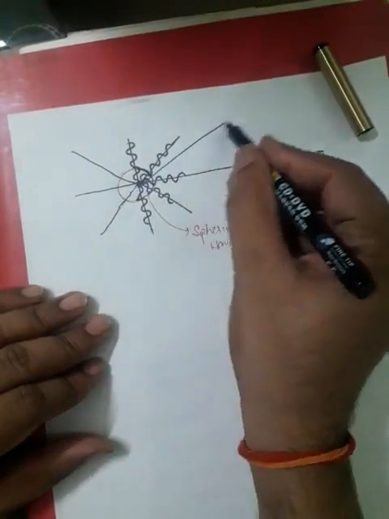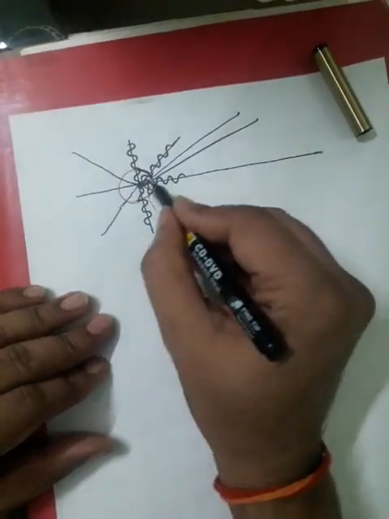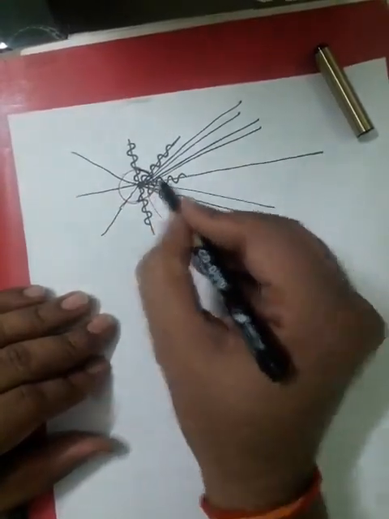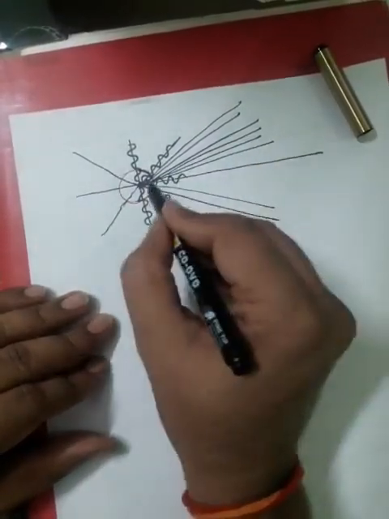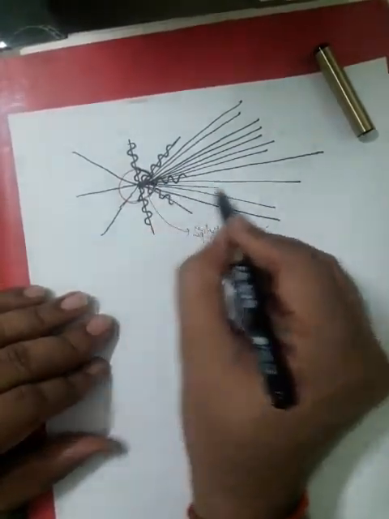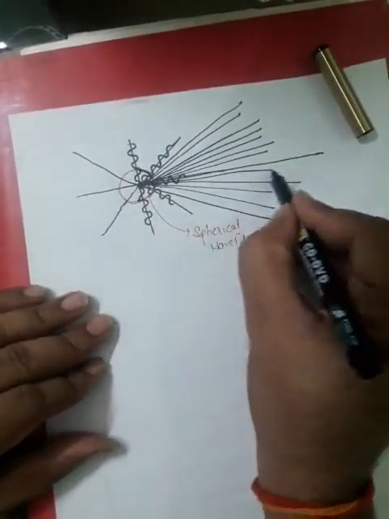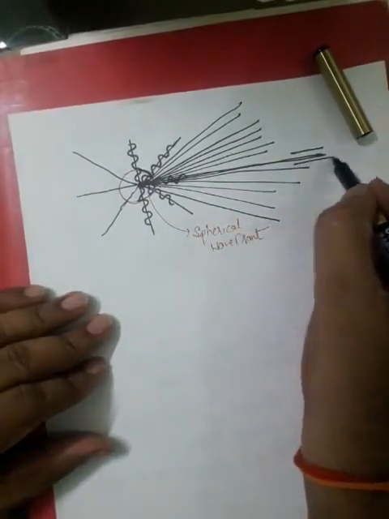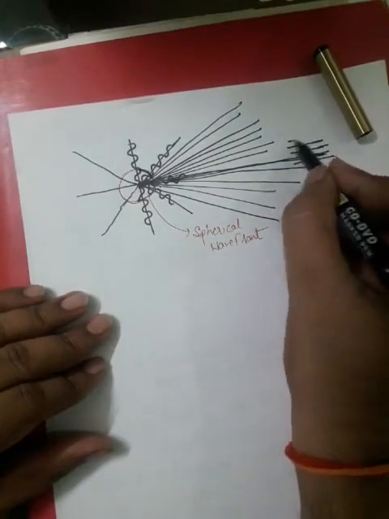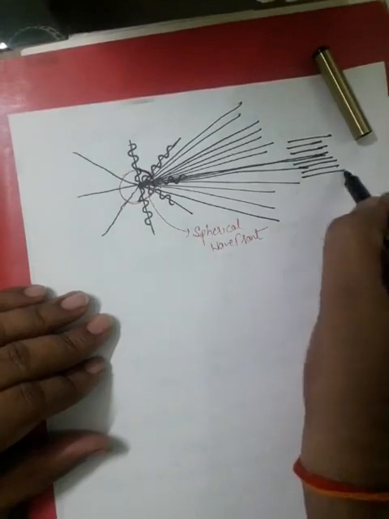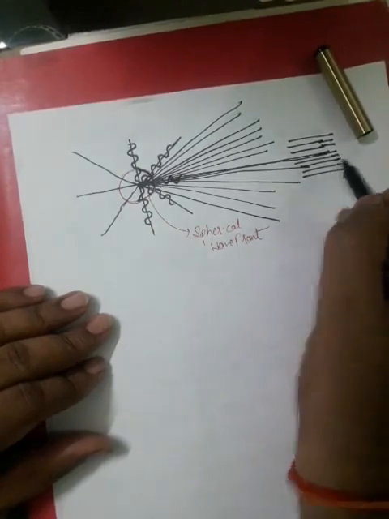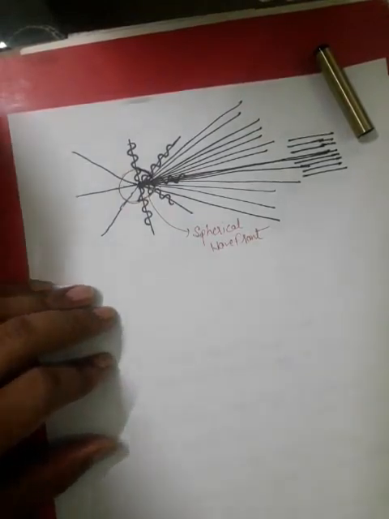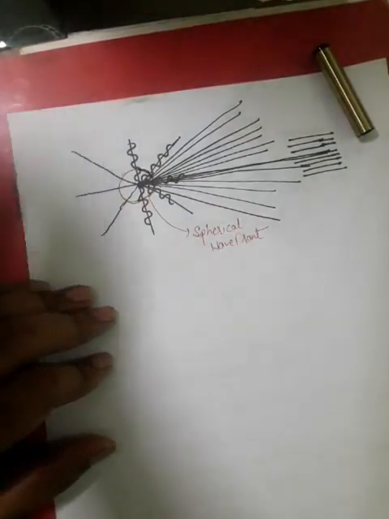Now the wave will be coming this way, this way, this way, this way. If I just look locally at this point, we will find that here all the waves are parallel to each other. If we are looking in the far field region from a localized point of view, it means I am not going to check for a larger region.